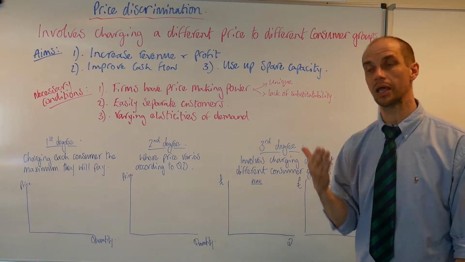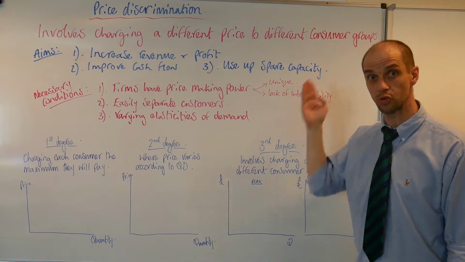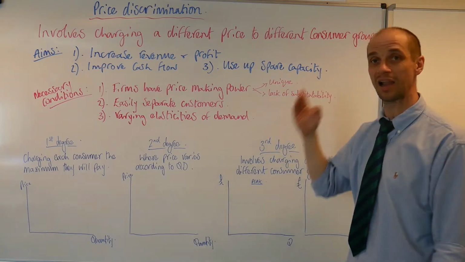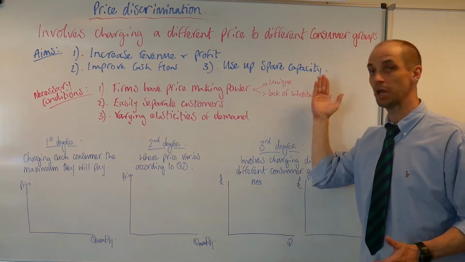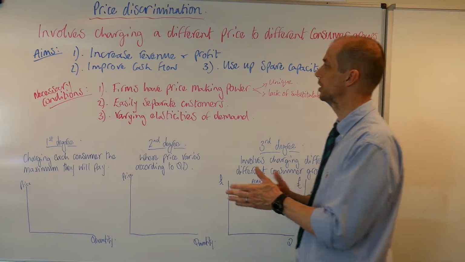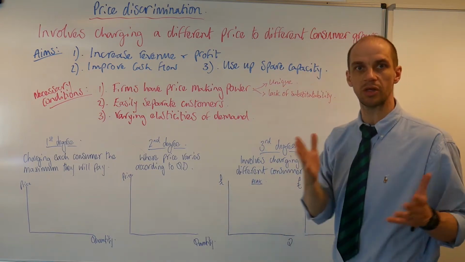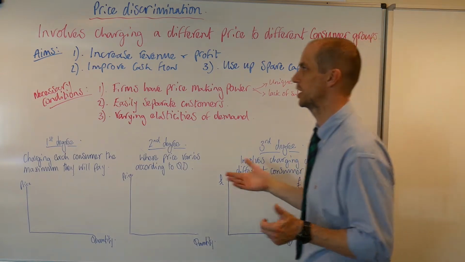So it helps to utilize that spare capacity, but this is also true for trains and planes, and the way in which the pricing structure works between peak and off-peak periods. We'll come on to more of that in just a moment. That's how you help to use up that spare capacity, because otherwise those seats are empty, those beds are empty in the hotel, and so on.